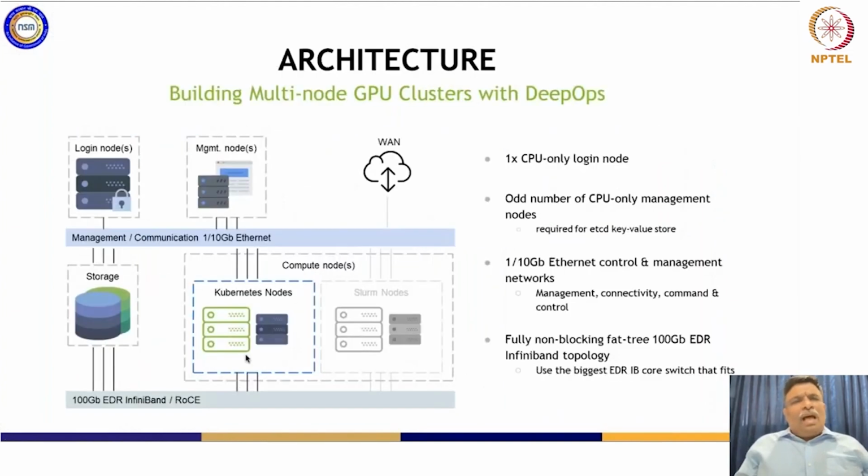So now this is the architecture. You have got the login node, you have got the management node, and you have got the Kubernetes node, and these Kubernetes nodes are actually a part of the compute node. So you will have the Slurm nodes, you will have Kubernetes nodes, because we know that any Docker thing which is not generated by Kubernetes is not going to be maintained by the Kubernetes cluster.